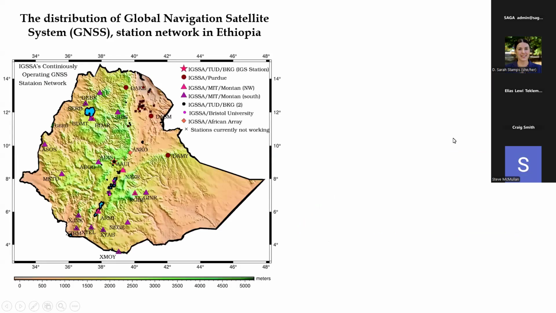Now, when we see the geodetic monitoring, especially the GNSS stations which we had in the last 25 years, there were about 52 stations distributed at different places, and most of them were through projects, except some that were installed by Addis Ababa University and of course the Space Science and Geospatial Institute of Ethiopia.